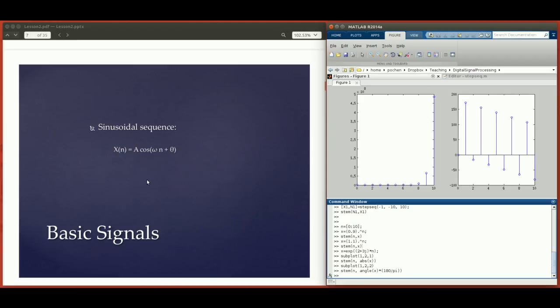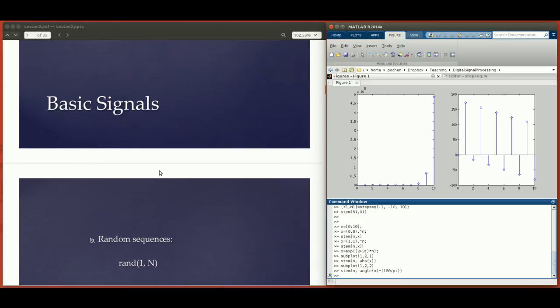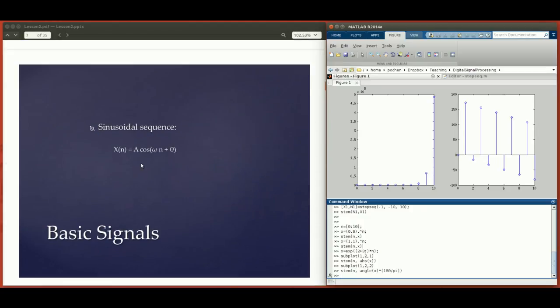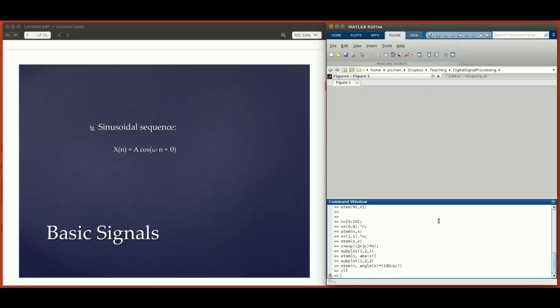But instead of just doing one cosine, let's do something slightly more complicated. Let me clear out the window first.